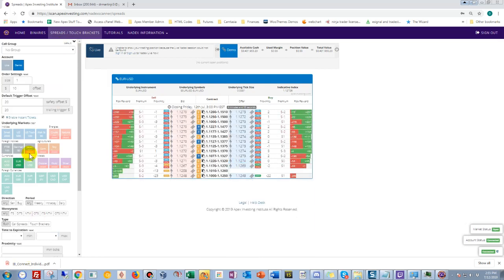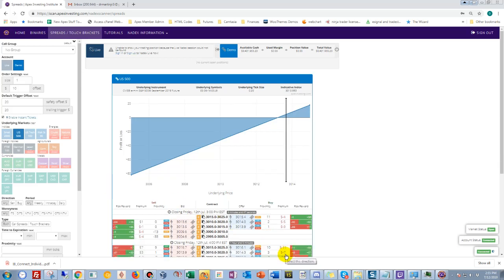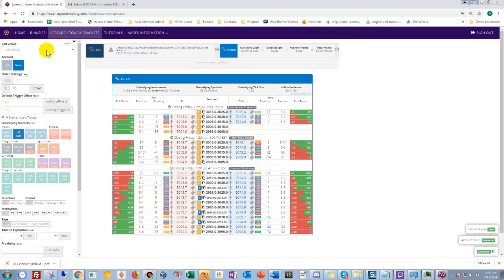It'll reset everything. You can just go back and reselect your market, and then from there, figure out what you want to trade. Okay? So again, default is your friend if you're confused as to why nothing is showing up.